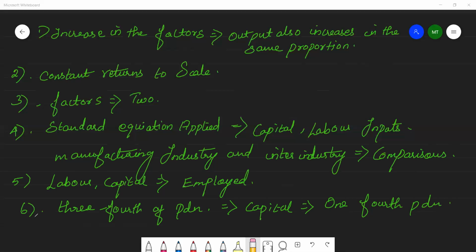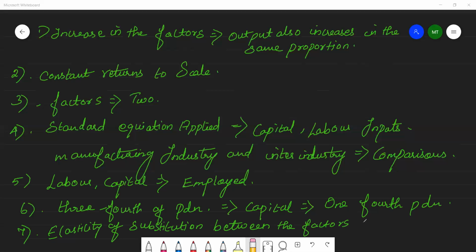Then seventh, the elasticity of substitution between the factors is equal to 1.